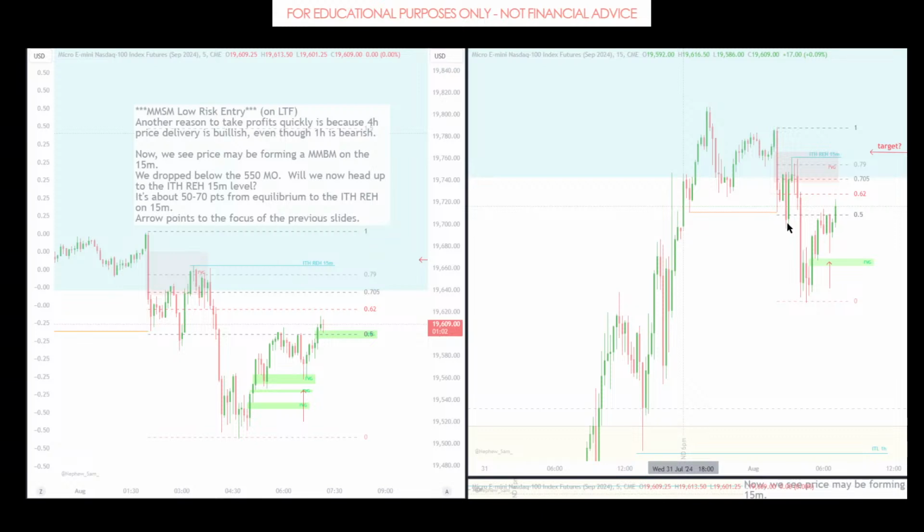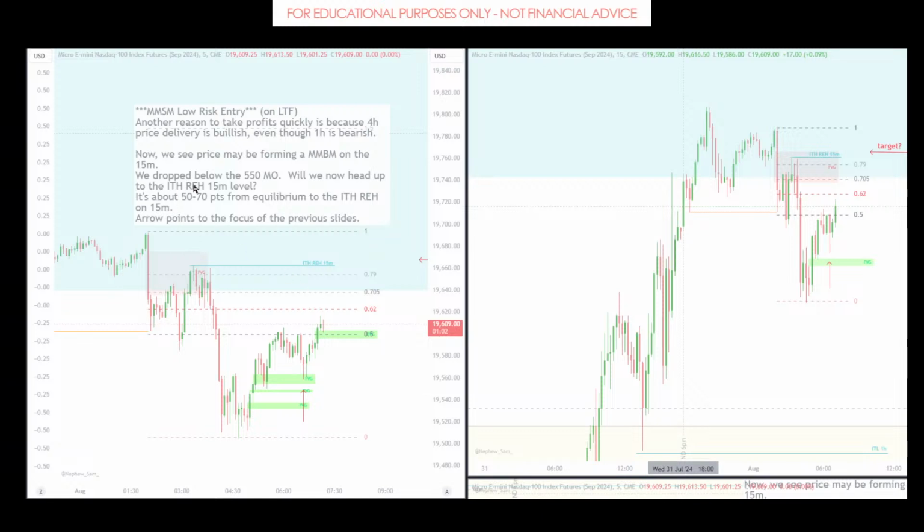Or maybe we're coming up into this mitigation block. We have swing failure, price came back up, so prior to that, this down close candle would be a mitigation block where we expect price to come back up and then respect that. So it's not yet clear what's going to happen. So we're going to keep a close eye on what is possibly going on.